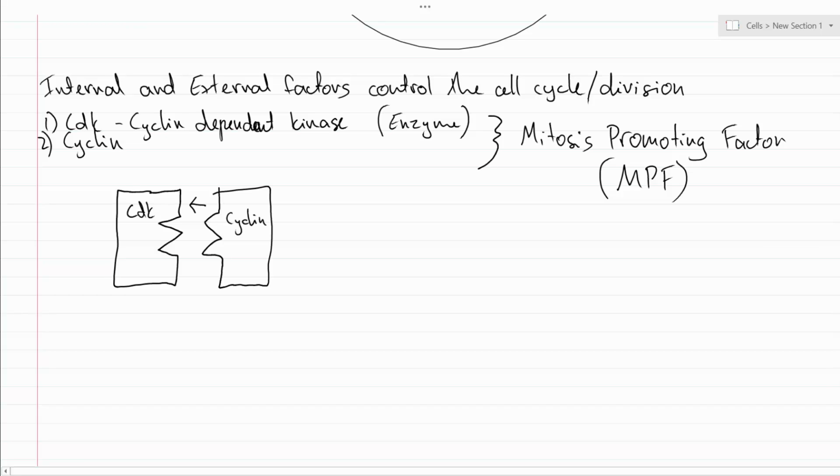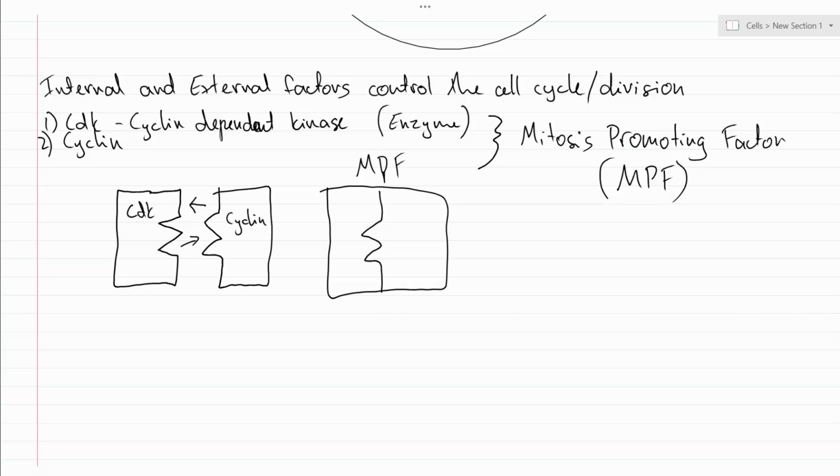These two are going to join together, and then that will become MPF. When MPF gets to high enough levels, this is what's going to stimulate mitosis to be able to happen.